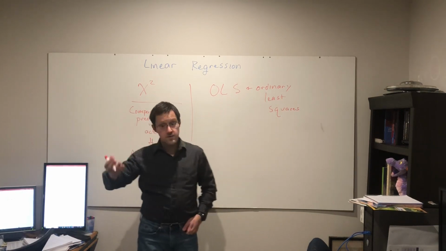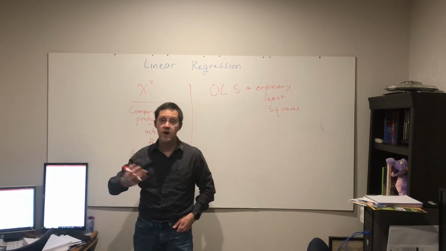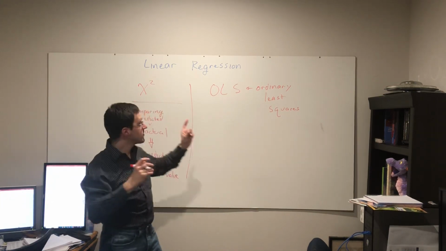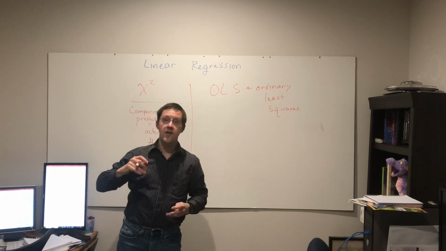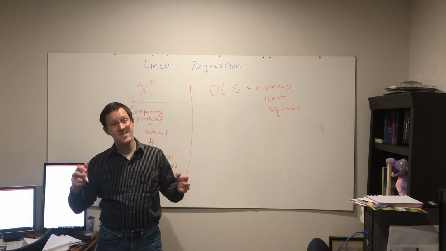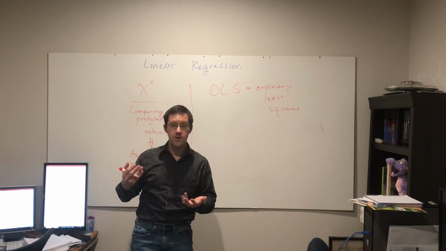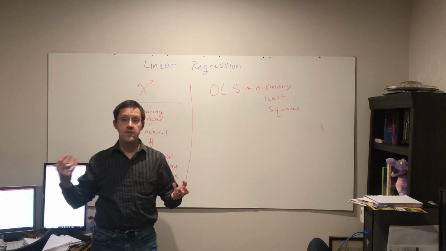In many cases, and it'll come up in labs and in software, you may see the acronym OLS for ordinary least squares. It is basically how linear regression works. So if you see OLS or ordinary least squares, it's the basic form of linear regression.